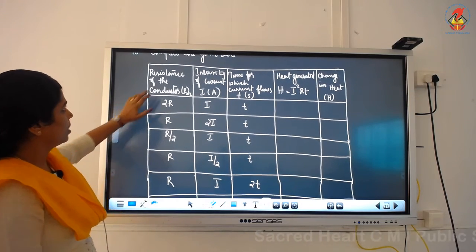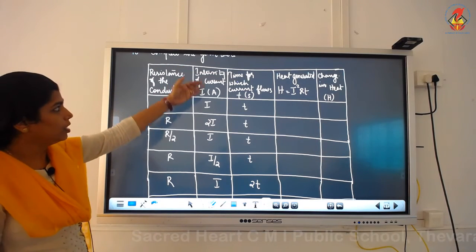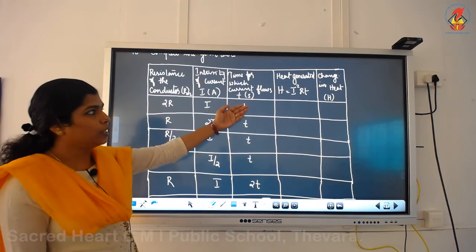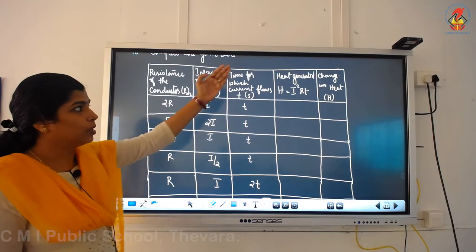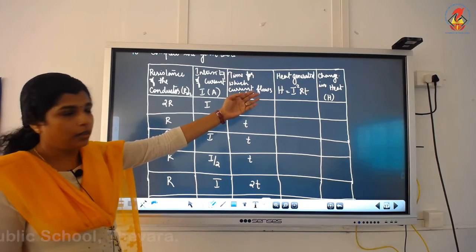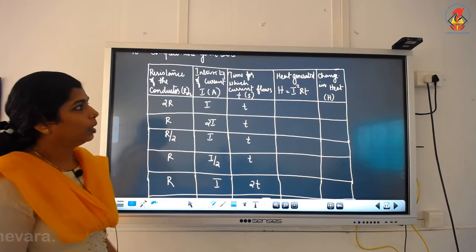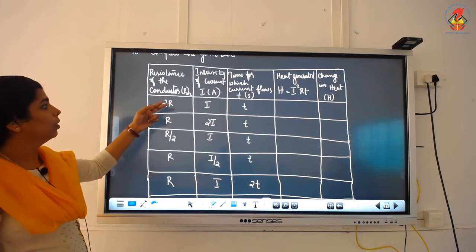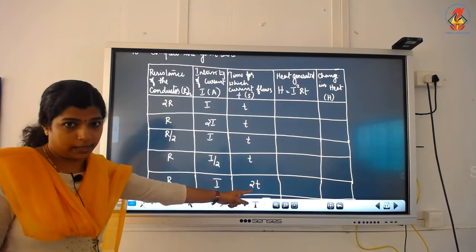The resistance of the conductor is given as R, intensity of the current is given as I, the time for which the current is flowing is given as T. As per Joule's law of heating, H is equal to I squared R T. Now, what will happen when we increase the resistance, increase the current, increase the time?